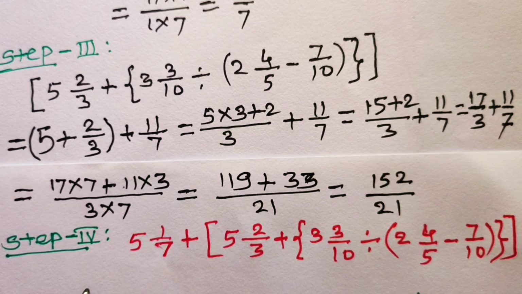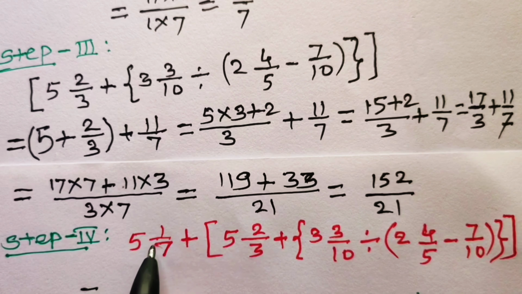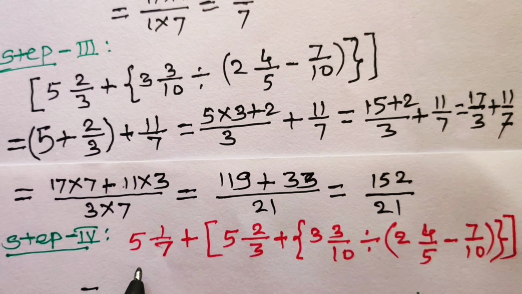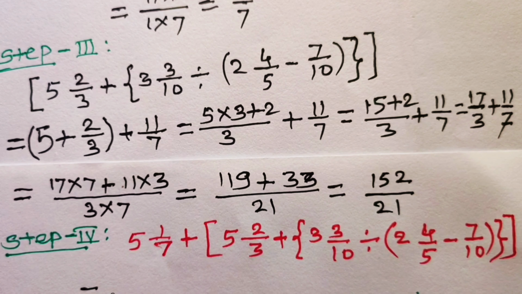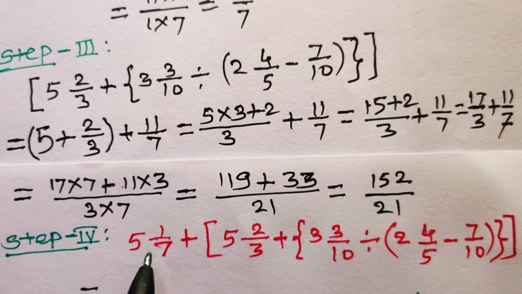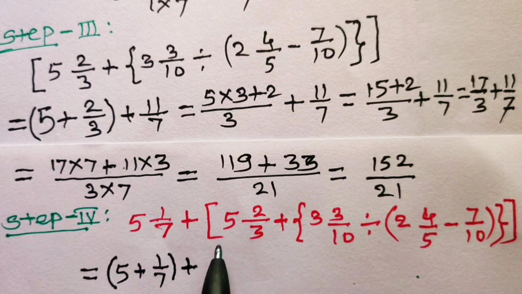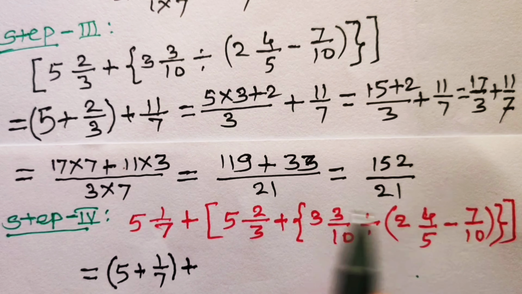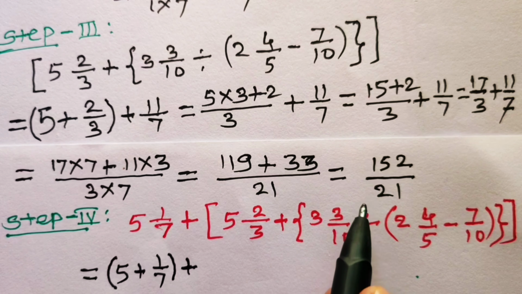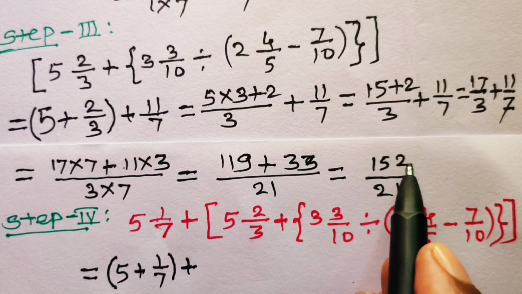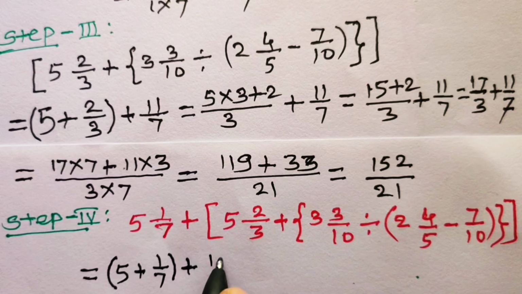Hence, this is equal to, this mixed number we have to express as an improper fraction. 5 plus 1 over 7, keep this in one bracket, plus the value of this bracket obtained in step number 3, which is 152 over 21.